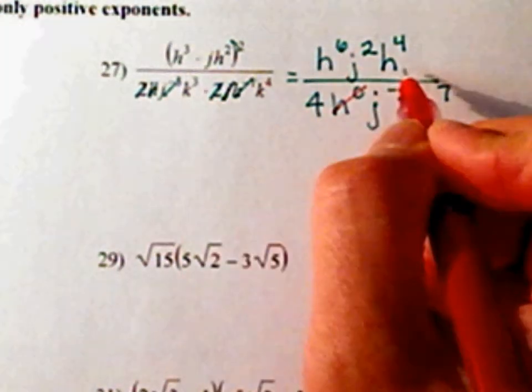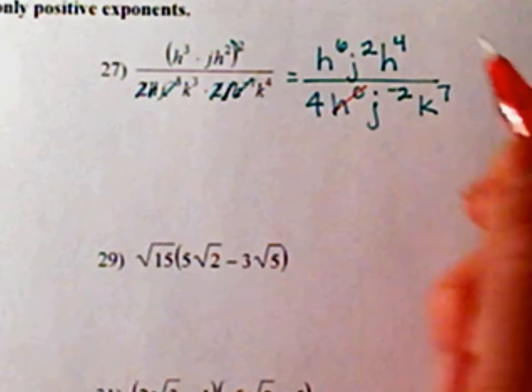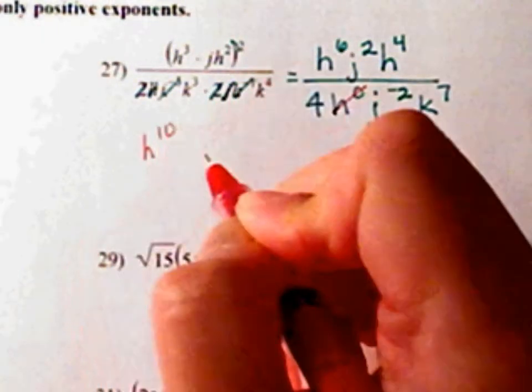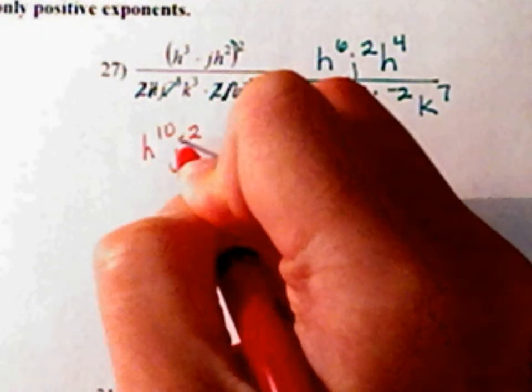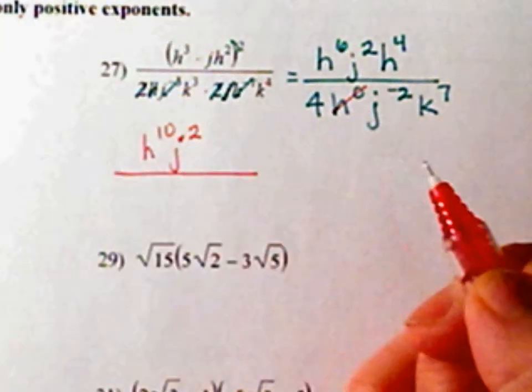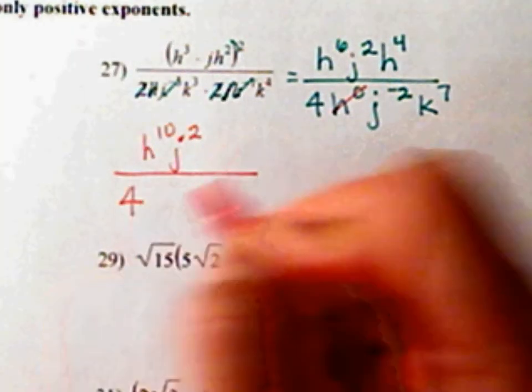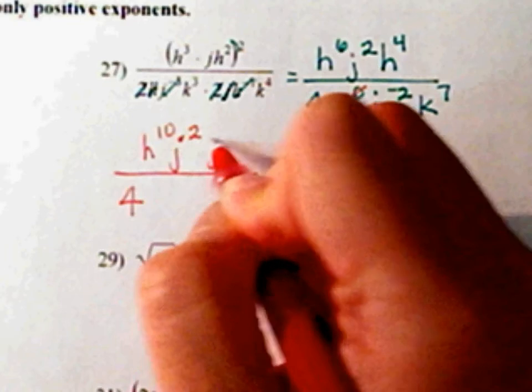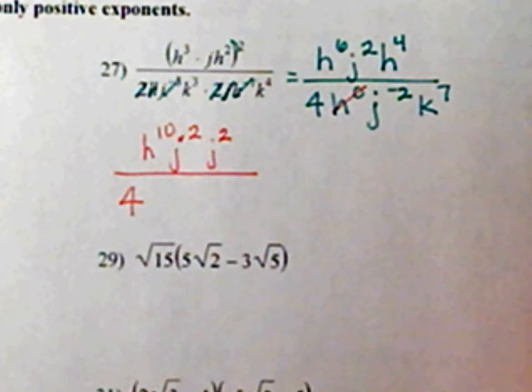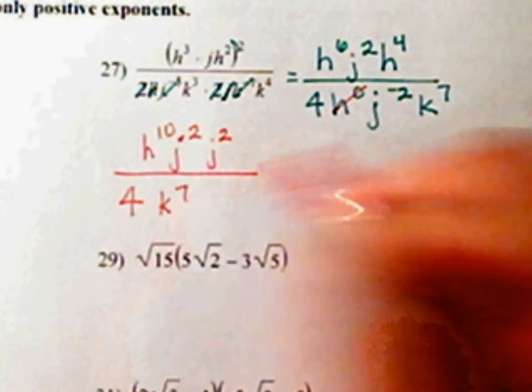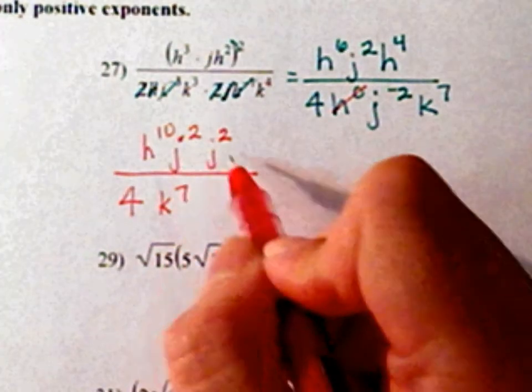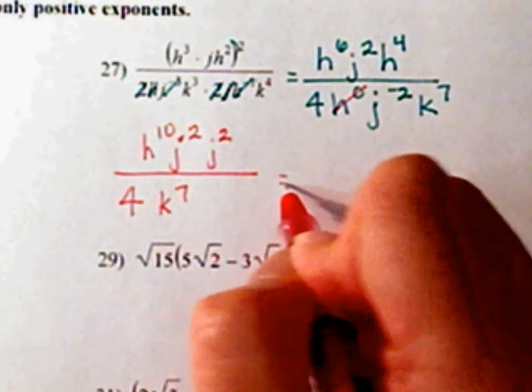H to the 6 times h to the 4th is h to the 10th. J squared. Draw my division line. There's my 4. J to the negative 2. Move up to the numerator, make it positive. And k to the 7th, stay. Notice I still have this listed twice. I need to combine them.